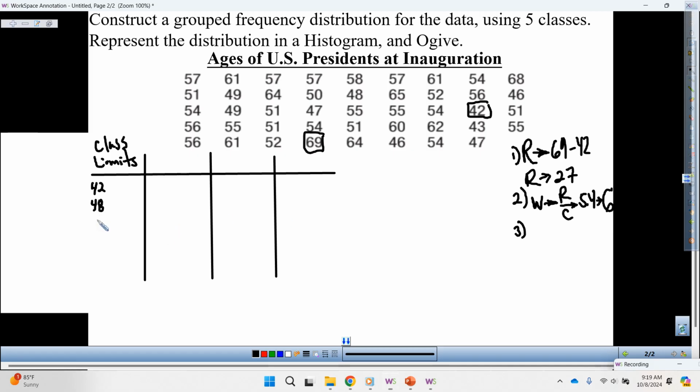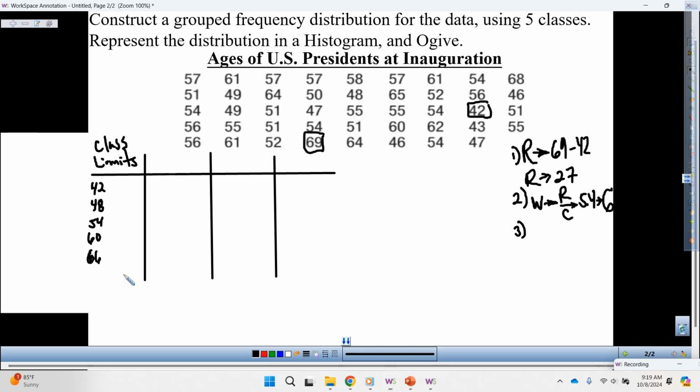Okay. And then? Help them out. 54. 60. 66. Hands if you got that so far.